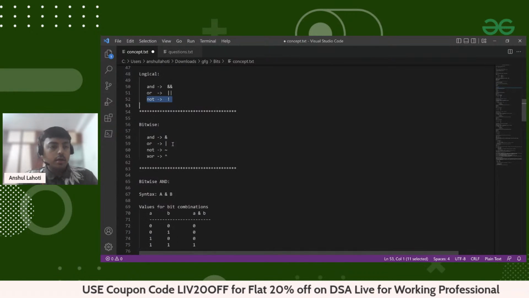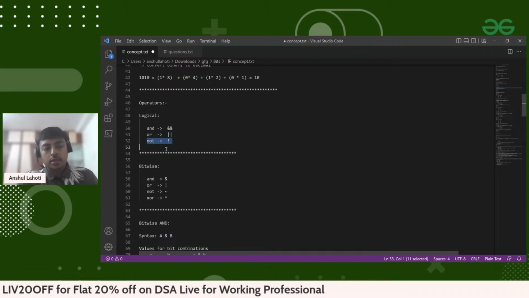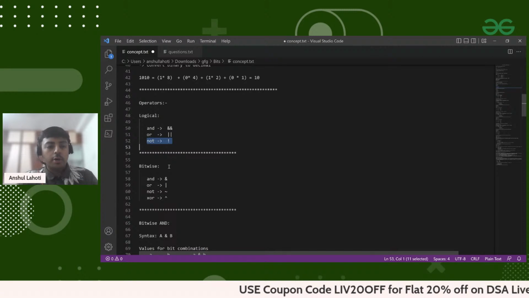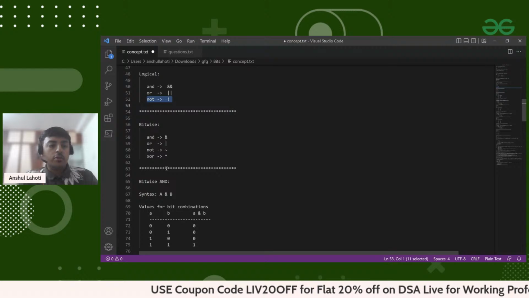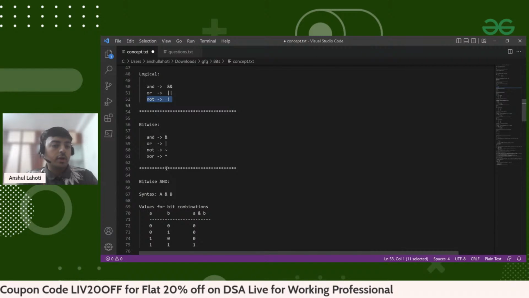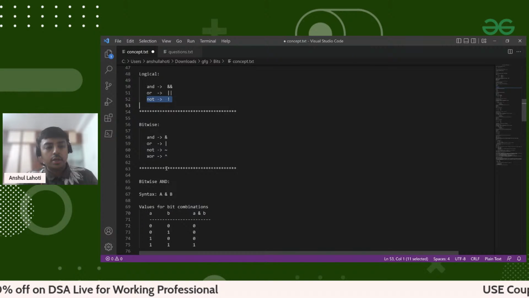We will see examples of logical operators and the difference between logical operators and bitwise operators in the later part of this class. So first I will tell you about the bitwise operators. The class is for that only.